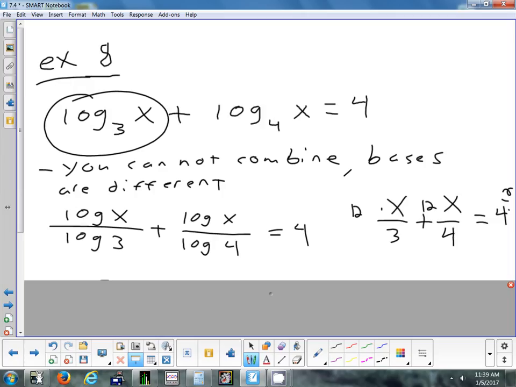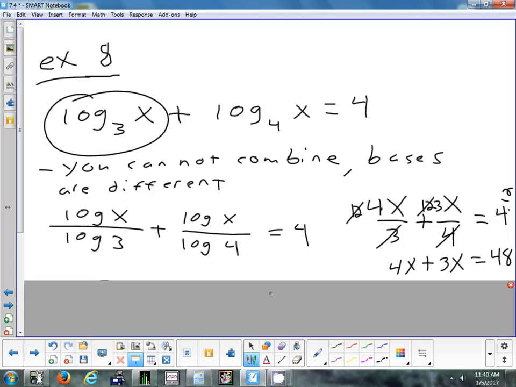What's 12 divided by 3? 4x plus what's 12 divided by 4? 3. So I have 4x plus 3x equals what's 4 times 12? So now I just turned this problem into that problem, and that's pretty straightforward to solve. Okay?